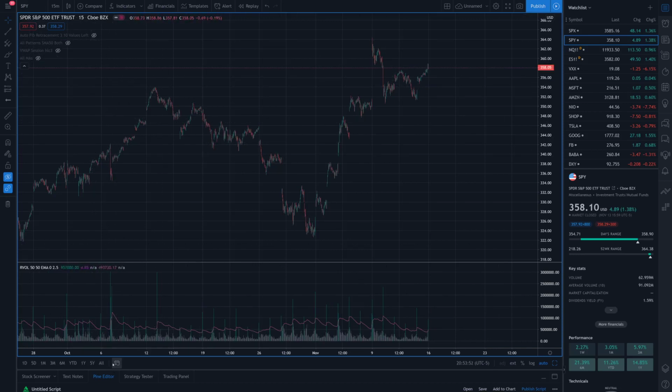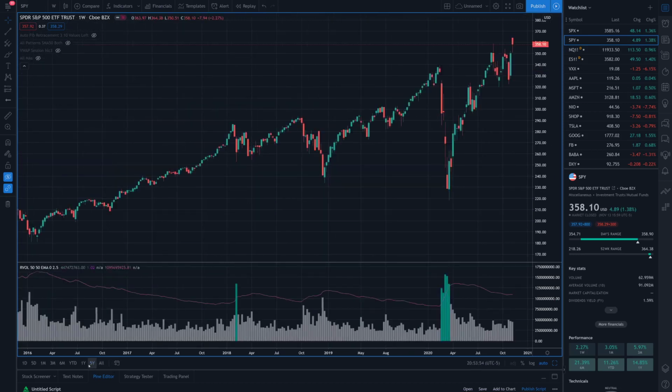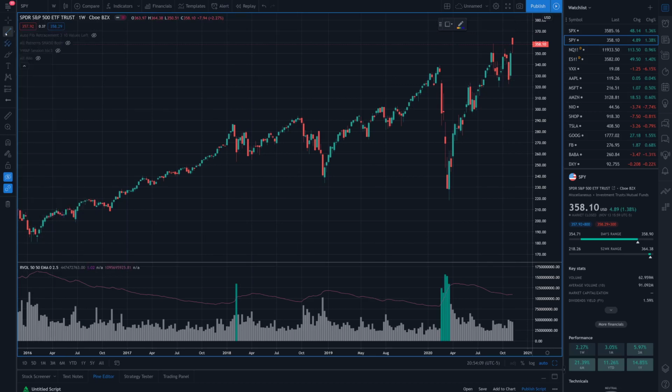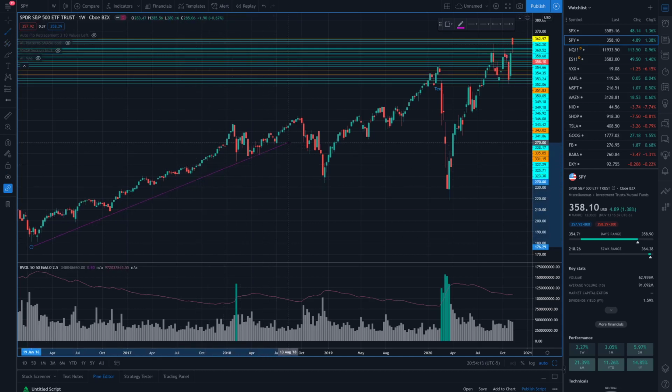If we go back 5 years, we can clearly identify that it's been going up, right? And so here, if I take a drawing tool, you can draw a trend line. So I'm going to use purple for this. You can clearly see for the past 5 years, this went up.